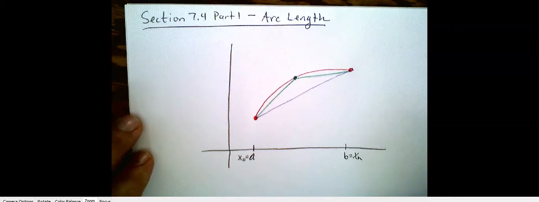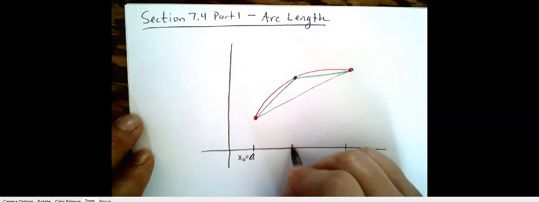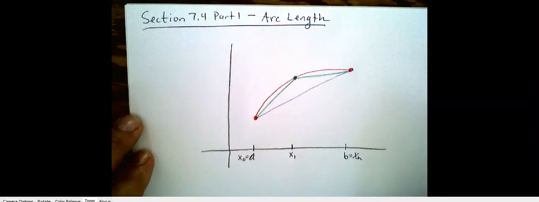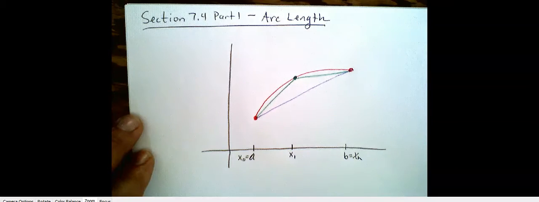Let's say that was some other x value, x1. The sum of these two line segments would be the approximation to the arc length here.